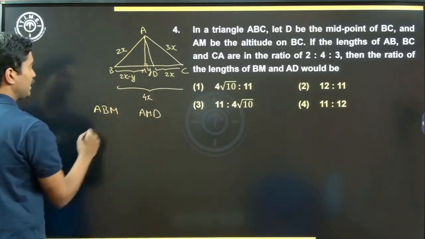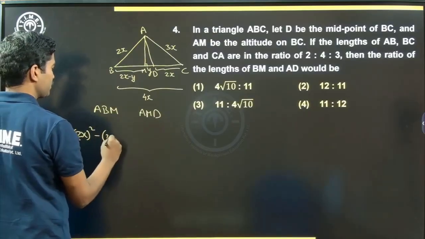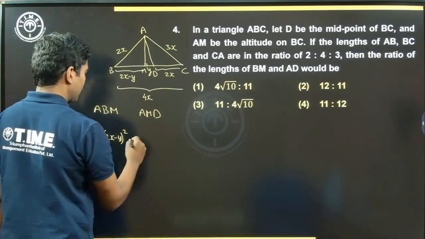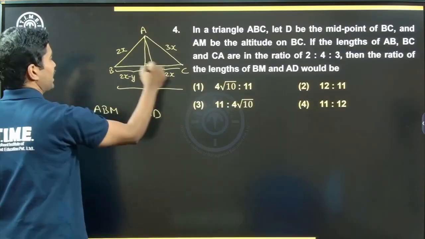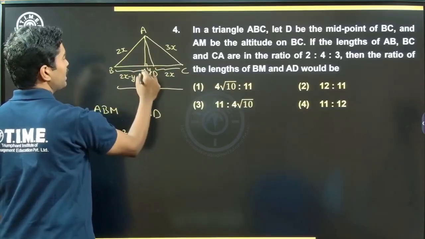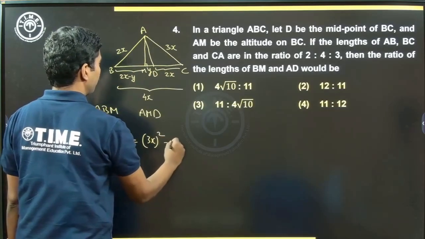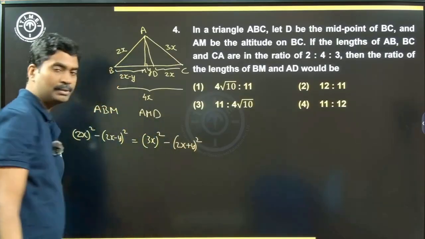AM square would be 2x whole square minus 2x minus y whole square, right? And this is equal to, in triangle AMC, AM square is equal to 3x whole square minus 2x plus y whole square, right?